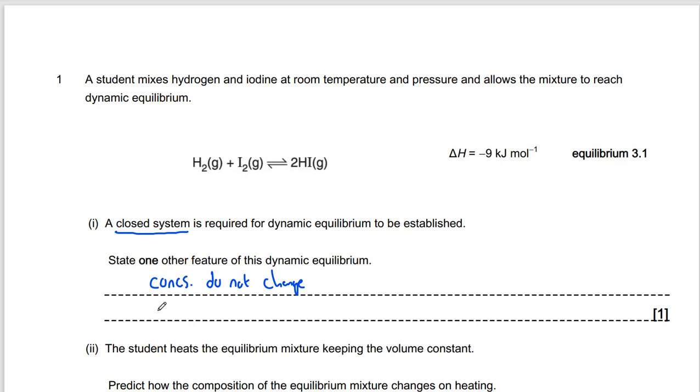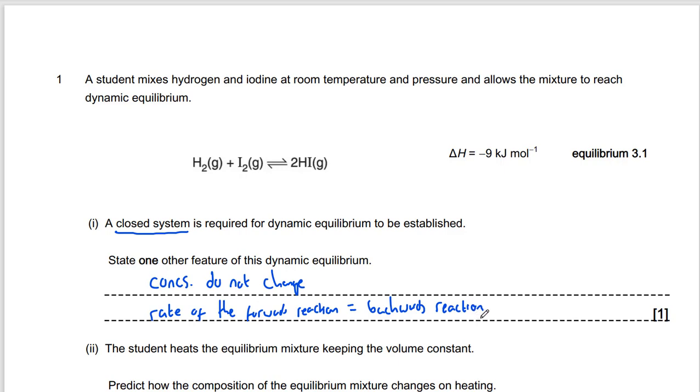As an alternative, you could also write that the rate of the forwards reaction is the same as, which equals, the backwards reaction. So that's what a dynamic equilibrium is. It's that point you get to where the concentrations are no longer changing and you have equal rates of reaction back and forwards in a closed system. So that's what makes something a dynamic equilibrium.